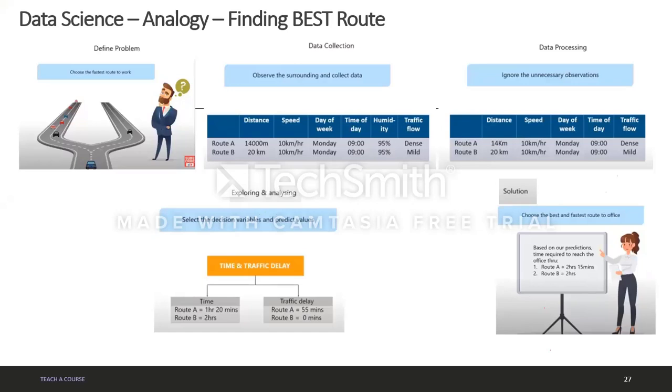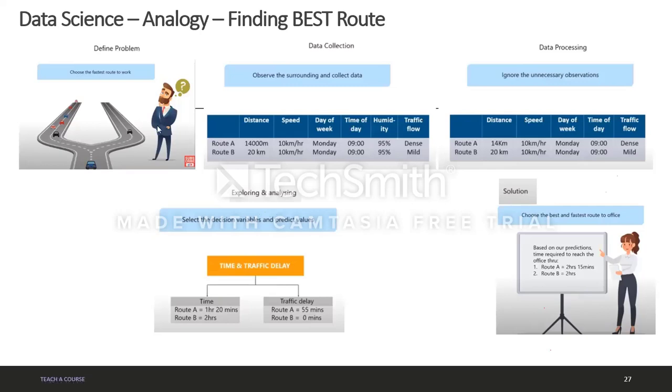So, for example, here is the person, right? You can see the first picture. It shows the person trying to find the best route to reach his work. Okay, so there are two major paths, route A and route B, right?